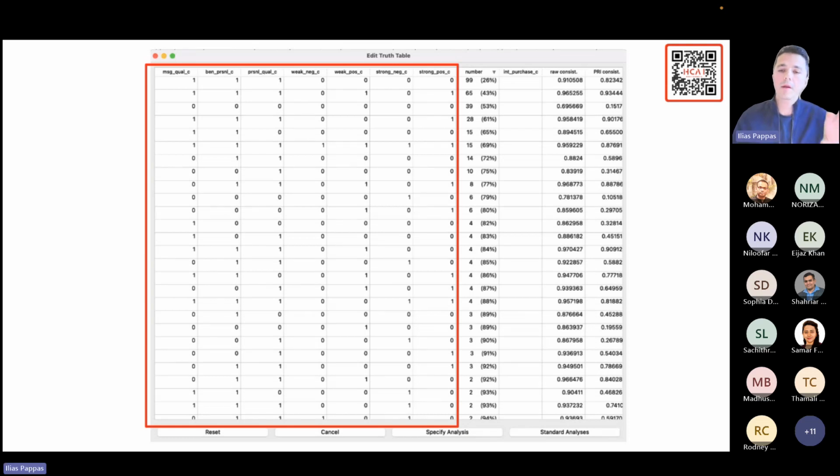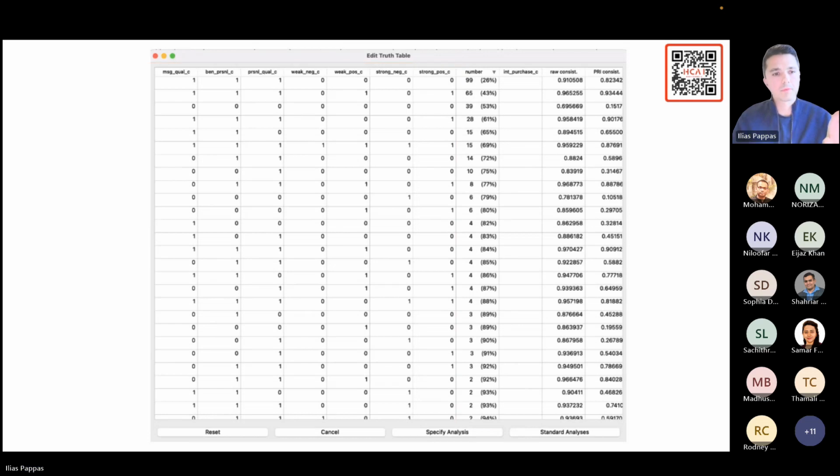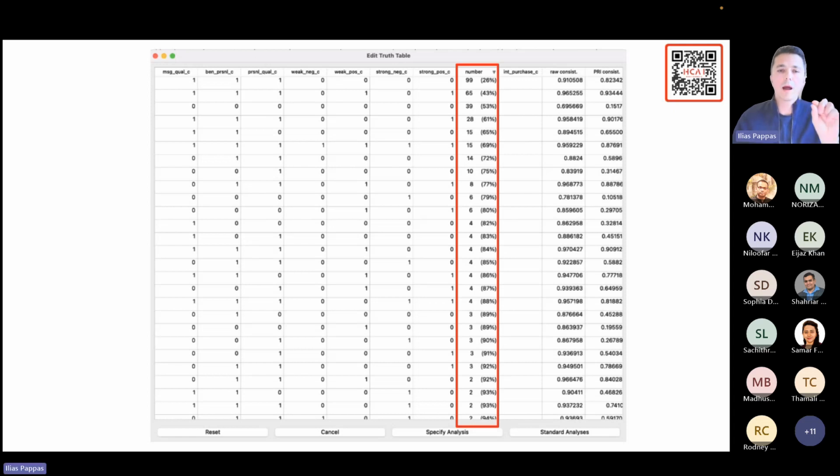This combination appears in my dataset 99 times. So the number here refers to the frequency and tells me how many times this combination appears in my dataset. So for how many different cases this combination holds true in my dataset.